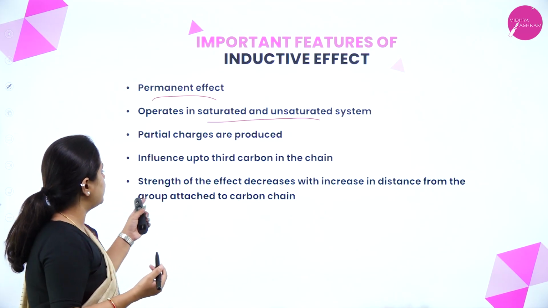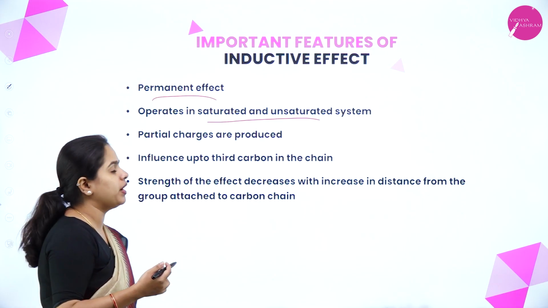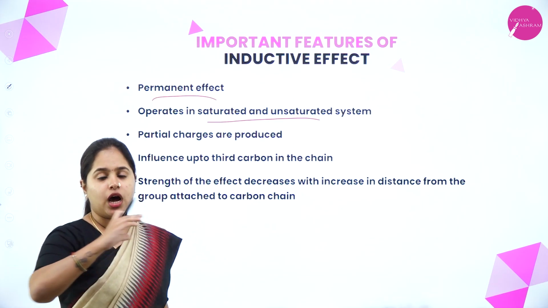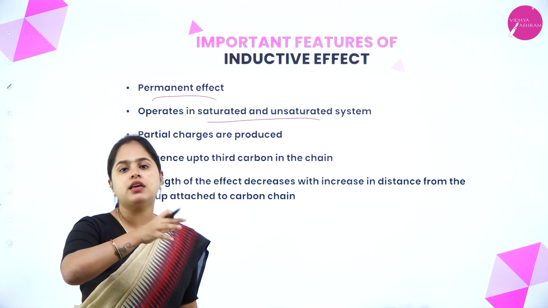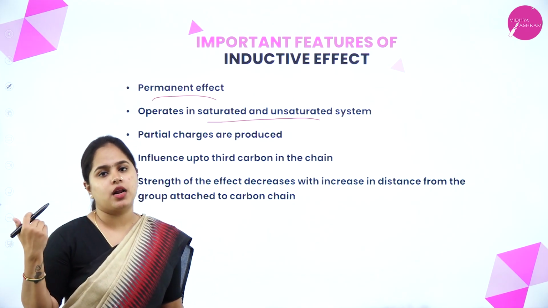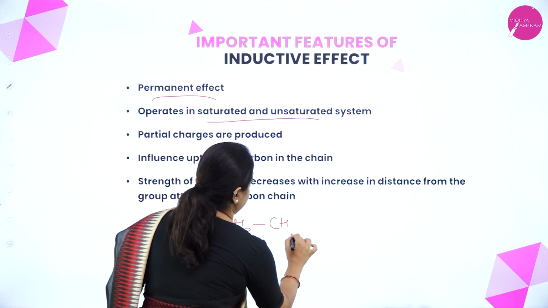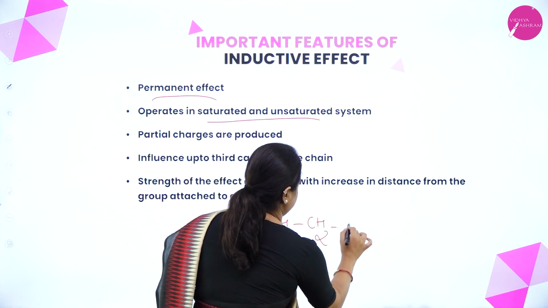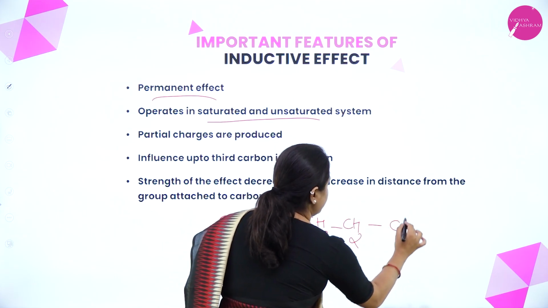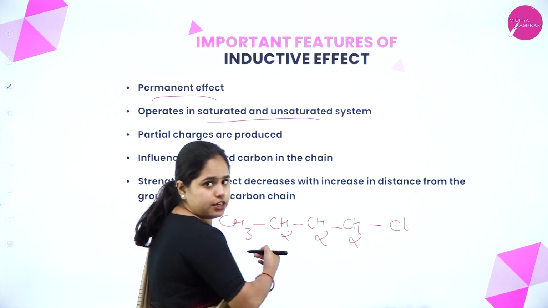Right. And the next one is that the strength of the effect decreases with increase in distance from the group attached to the carbon chain. So if your carbon chain is very long, the immediate carbon atoms will be the only ones having this inductive effect and the other carbon atoms will not be having it. For example, if I am taking this particular compound, right, there is an electronegativity difference here.